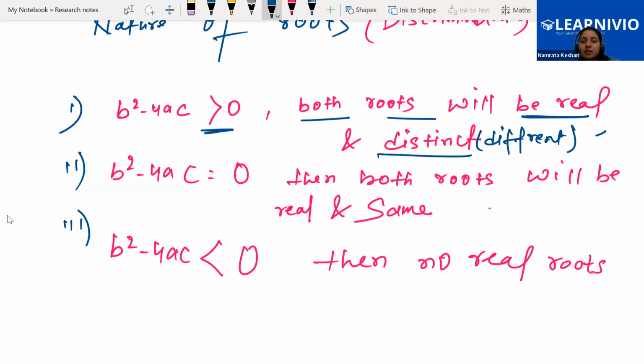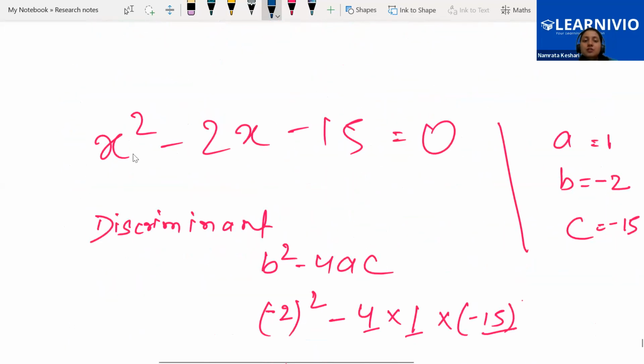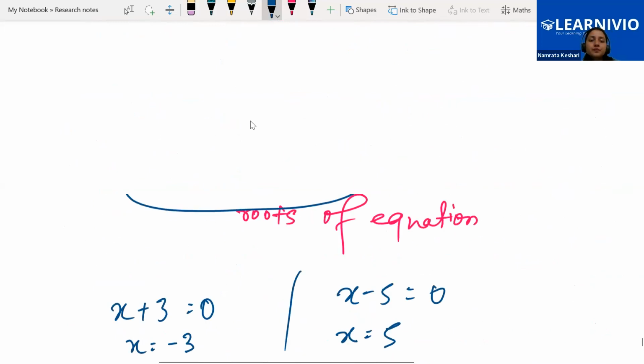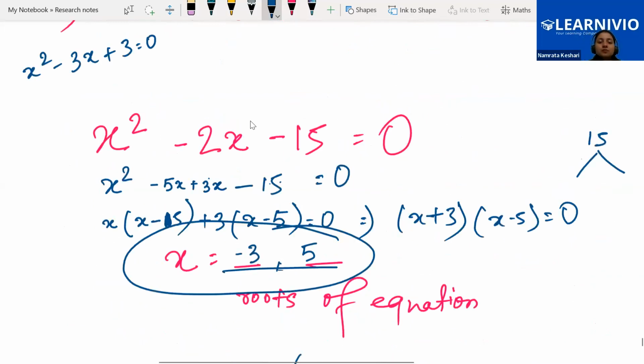Have we checked? Now only we have found the roots of this. We have already found the x value. Can you see the x value? Both are real numbers and both are different.